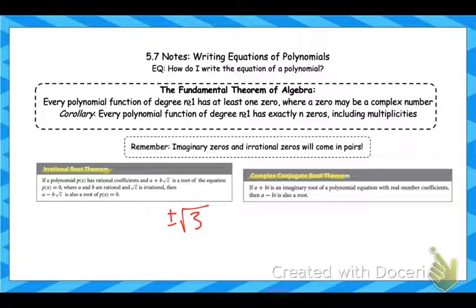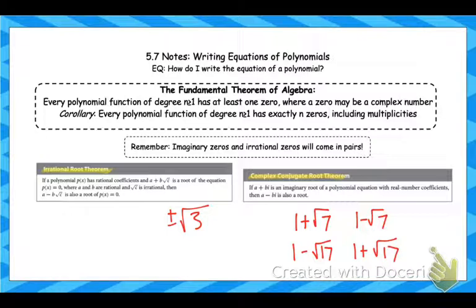Well, that means all of our irrational zeros, for example, 1 plus the square root of 7. If 1 plus the square root of 7 is a zero, so is 1 minus the square root of 7. If 1 minus the square root of 17 is a zero, then 1 plus the square root of 17 will also be a zero. So any of those irrational zeros are going to come in pairs.